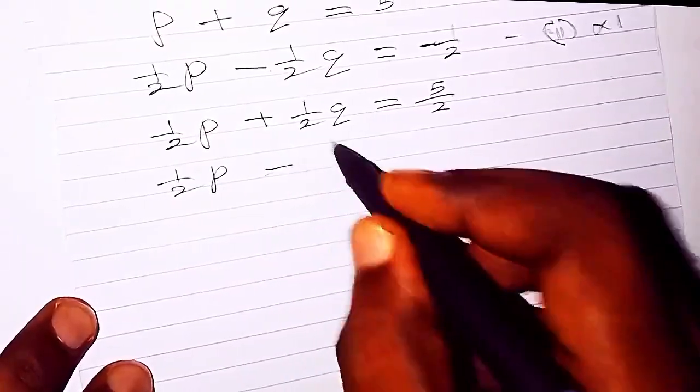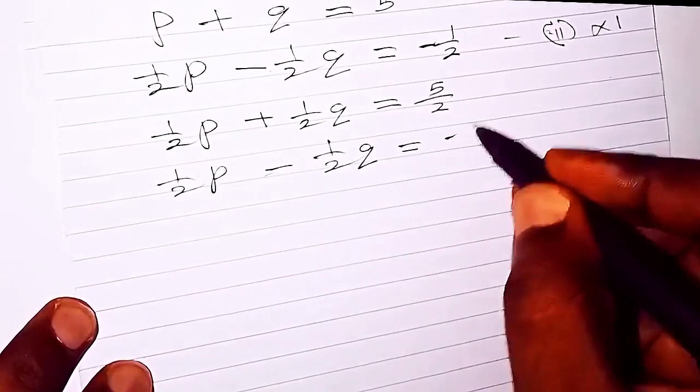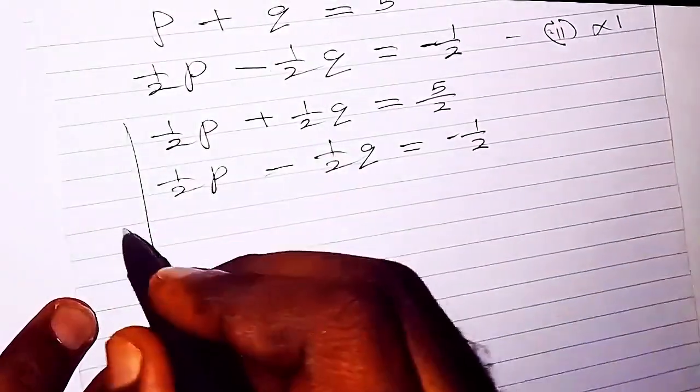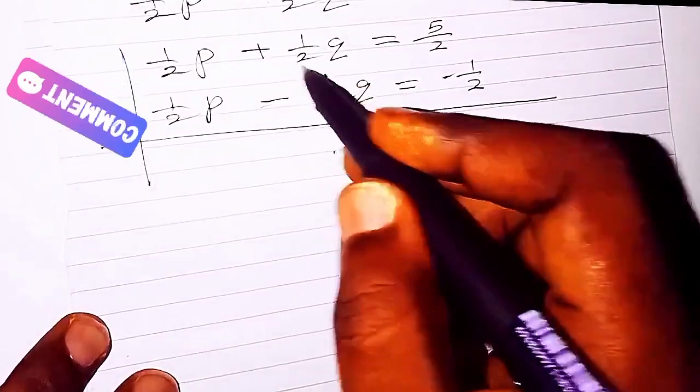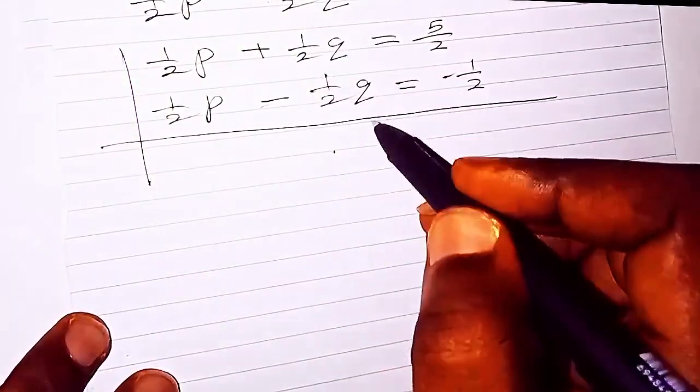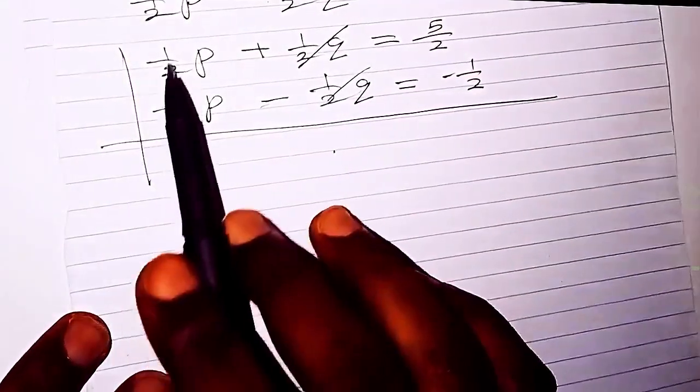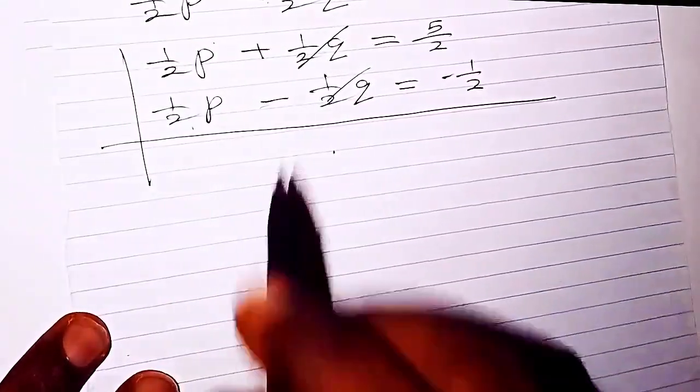1 over 2p minus 1 over 2q equal to minus 1 over 2. So we can go ahead and eliminate the term q there. Minus 1 over 2q plus 1 over 2q is going to be 0. When you add 1 over 2p plus 1 over 2p, that's going to be 1p.